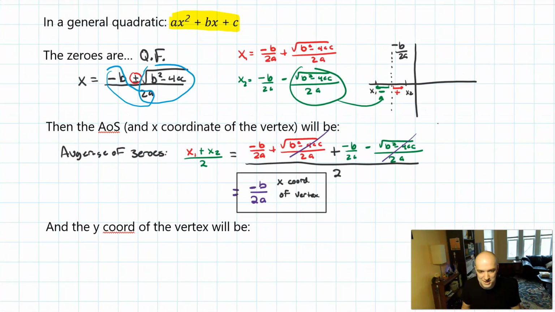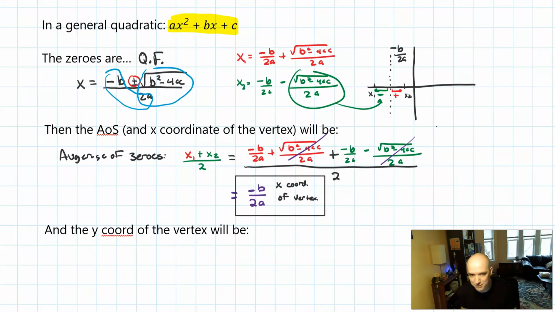Fun fact. It's just an interesting way to think about it, because we never think about the quadratic formula in the context of a graph. But what I've put in the box here is probably the most useful thing out of this entire section. This is a quick way to find the x-coordinate of the vertex. And if you know an x-coordinate, then you also know a y-coordinate, because you can just plug in x equals negative b over 2a, whatever that value is.